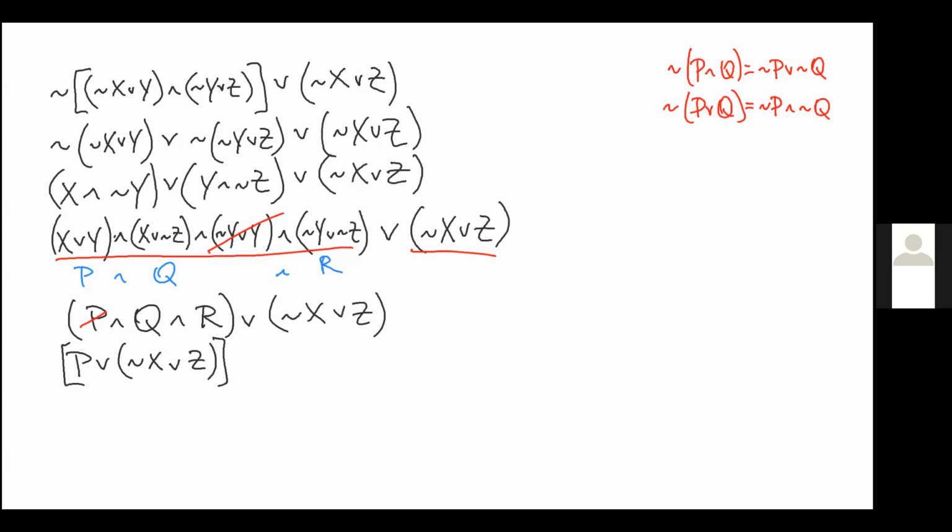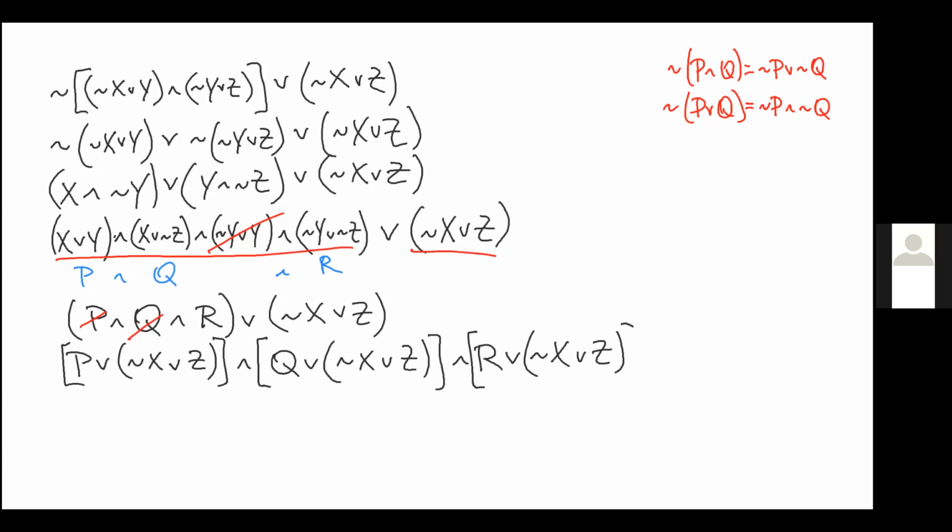Then I'm going to do Q ORed with everything on the right-hand side, so Q or not X or Z. Okay, so that's Q done. And then R, and R ORed with everything on the right-hand side. So that's R done.